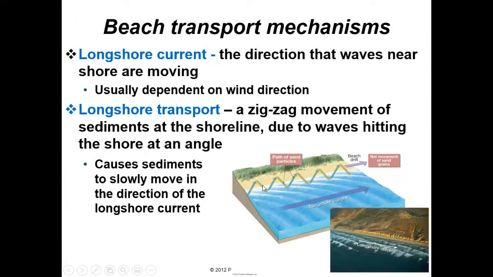That water rolling straight back down is due to gravity, so just remember that gravity is the reason why that happens. But either way, what this results in is the movement of sediment, like sand mainly, down the beach. Hence the term beach drift.